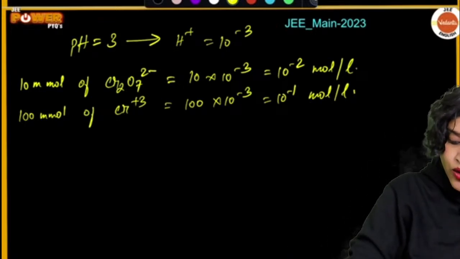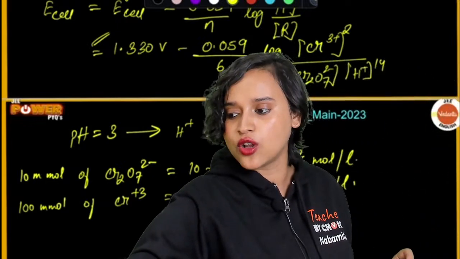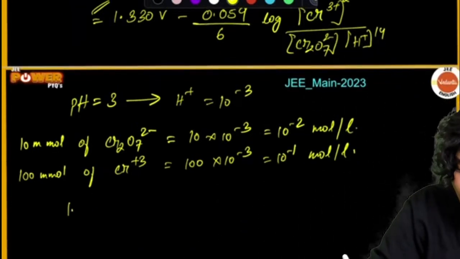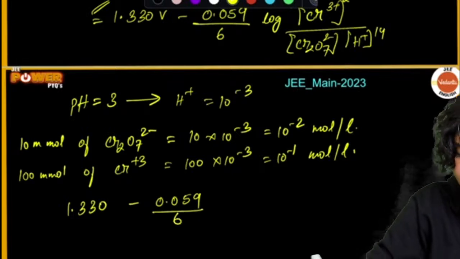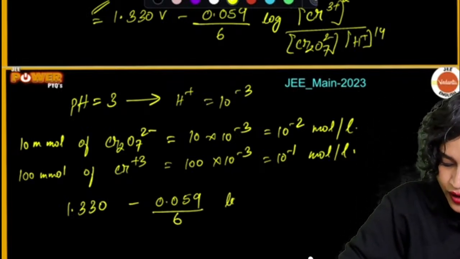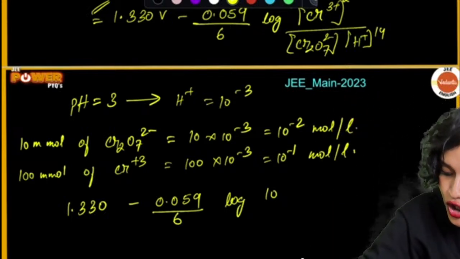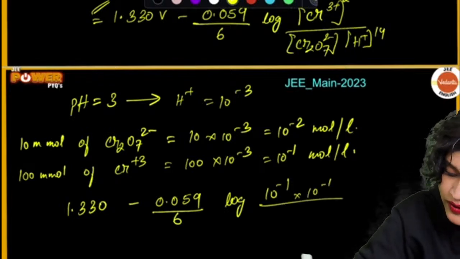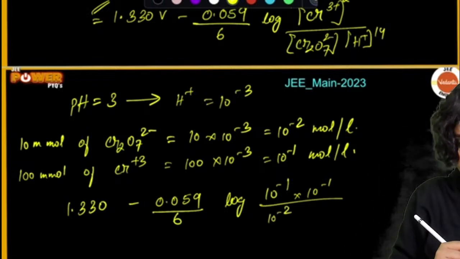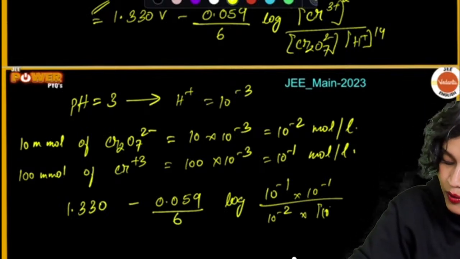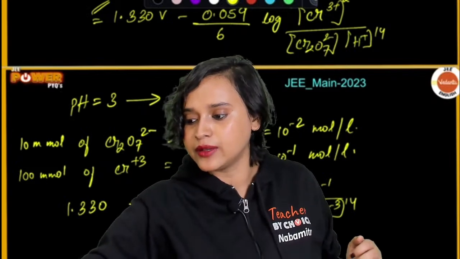Now, coming back to the equation that we have solved, from here what do we have? 1.330 minus 0.059 divided by 6 log of Cr3 plus to the power 2, so 10 to the power minus 1 into 10 to the power minus 1, divided by the concentration of Cr2O7 2 minus, so 10 to the power minus 2, multiplied with 10 to the power minus 3 to the power 14. Yes, to the power 13, everyone, right?